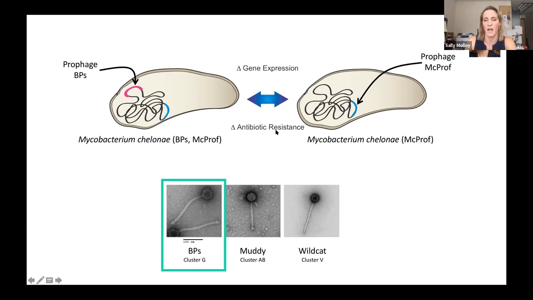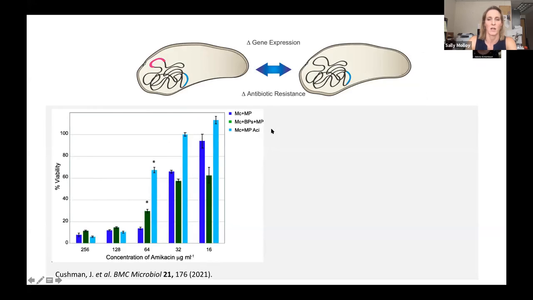And then we looked at how the presence of this phage changed drug resistance. And so we did grueling MIC assays. And what I'm showing you is viability of these cells after exposure to amikacin. We tested a number of different drugs, but I'm just showing you the aminoglycoside assays. And our strain that just carried McProf would grow at 32 micrograms per mil.